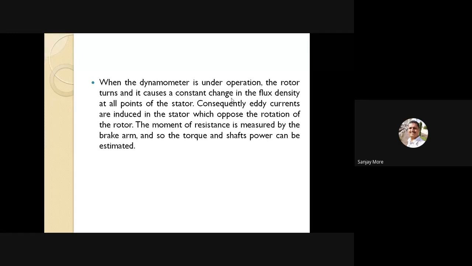The movement of resistance is measured by the brake arm, and so the torque and shaft power can be estimated.